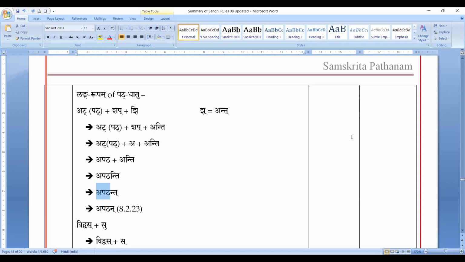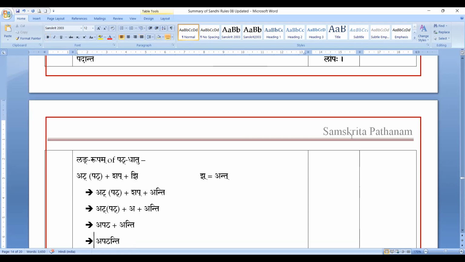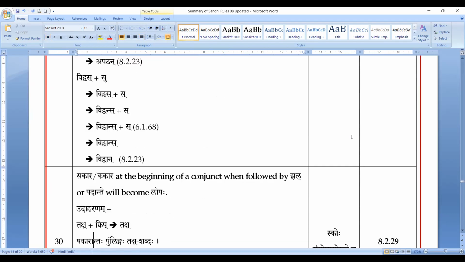So here you can see the application of this Vidhi 8 to 23, Sanyogantasya lopaha: the Antya Varna of a conjunct consonant will become lopa when it is followed by a jal letter or padante, that is, when the word happens to be a Padam, then that last letter will be dropped. Okay, this is Sanyogantasya lopaha.